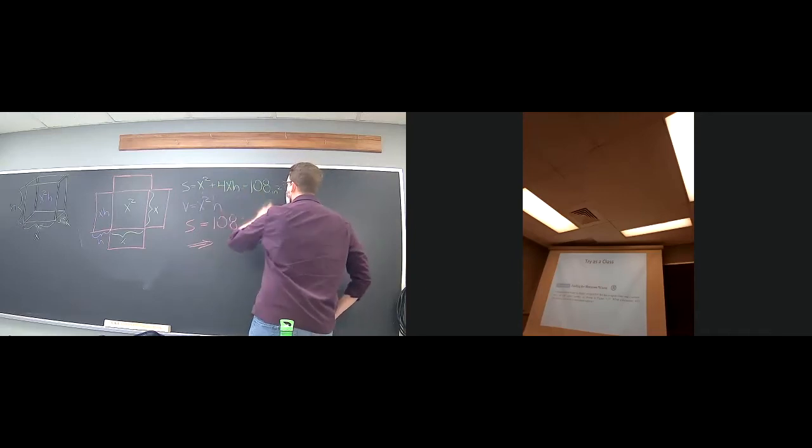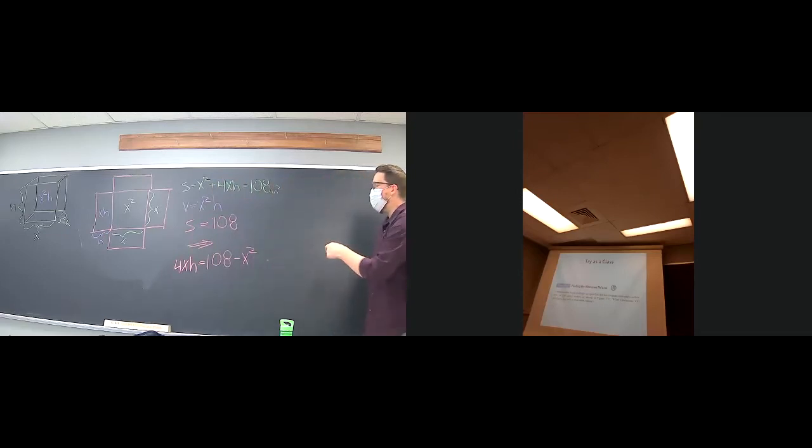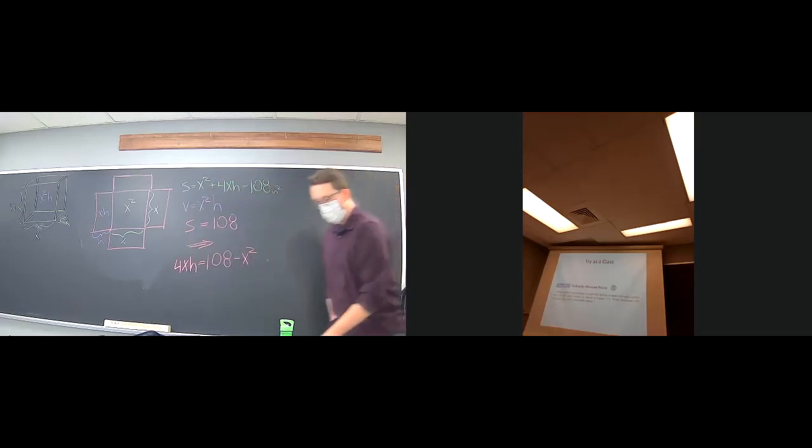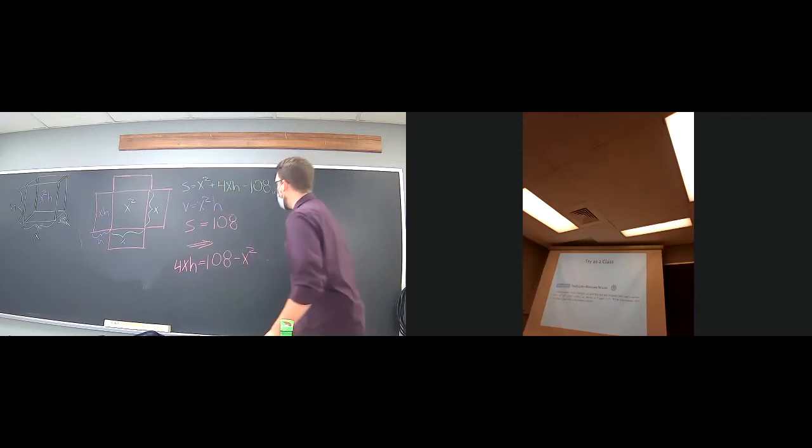So first, let's subtract x squared from both sides. This is going to be equal to 4xh. Now we can divide both sides by 4x. So h is going to be equal to 108 minus x squared, all divided by 4x.